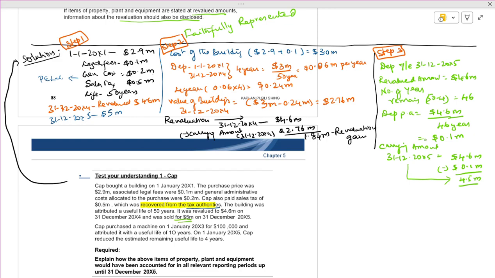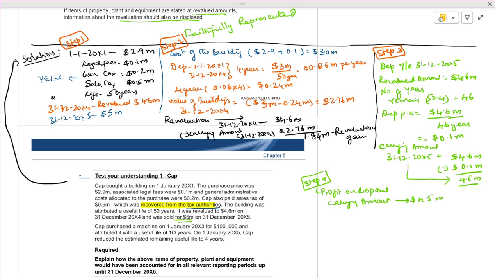Now what they have said, they have sold it for how much? They sold it for 5 million. Is it right? This is step 4. Okay, this is step 4. Profit on disposal. How much is the carrying amount? Carrying amount is 4.5 million.